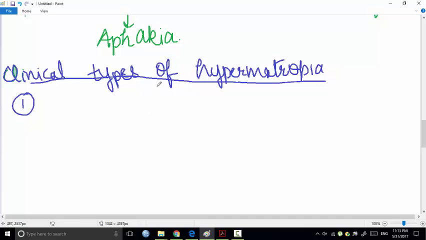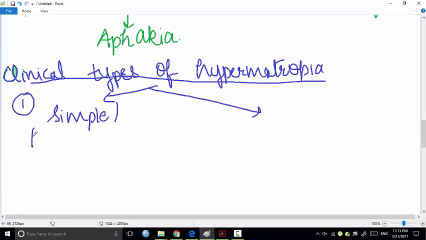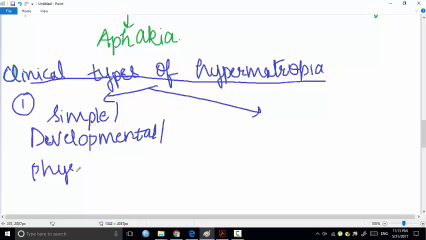Basically there are two types. First, simple hypermetropia or developmental hypermetropia or physiological hypermetropia. Second, it may be non-physiological hypermetropia.